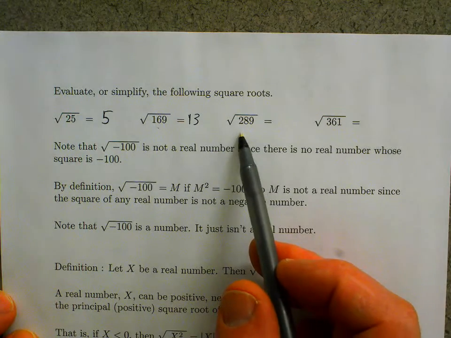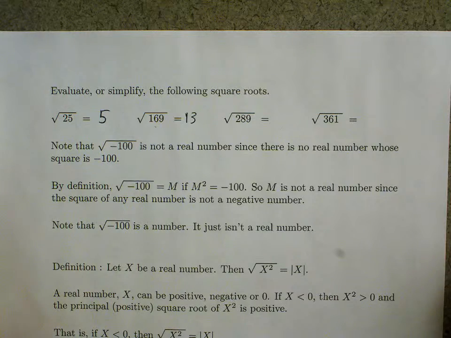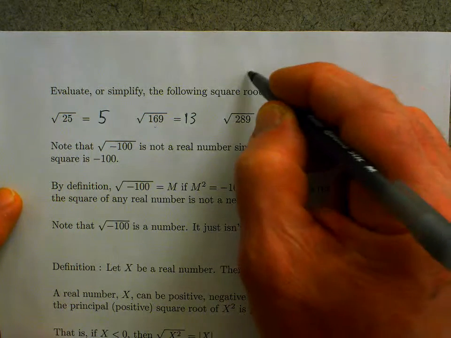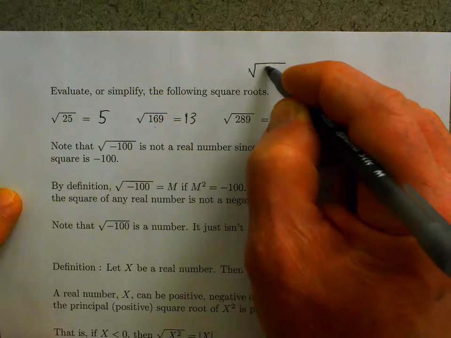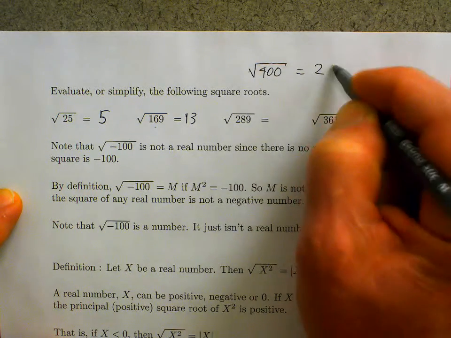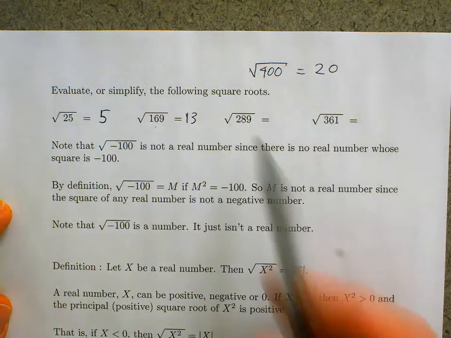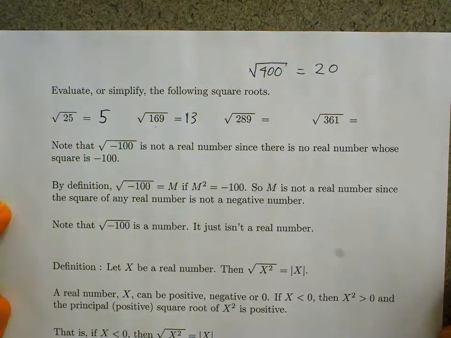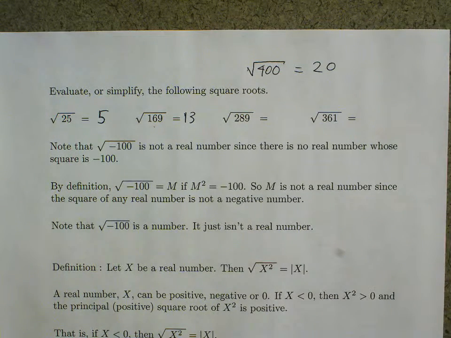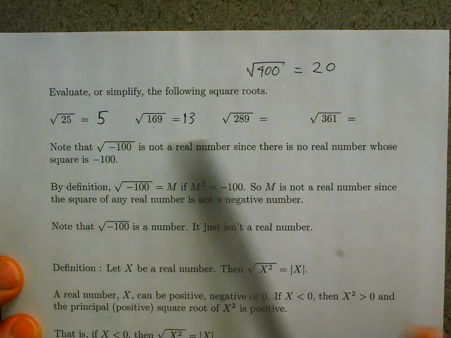The square root of 289. Another fairly simple square root to remember is the square root of 400. The square root of 400 is 20. So if 289 is a perfect square, then the square root of 289 has to be less than 20. So you can look at numbers less than 20. These are just examples of square roots of perfect squares.